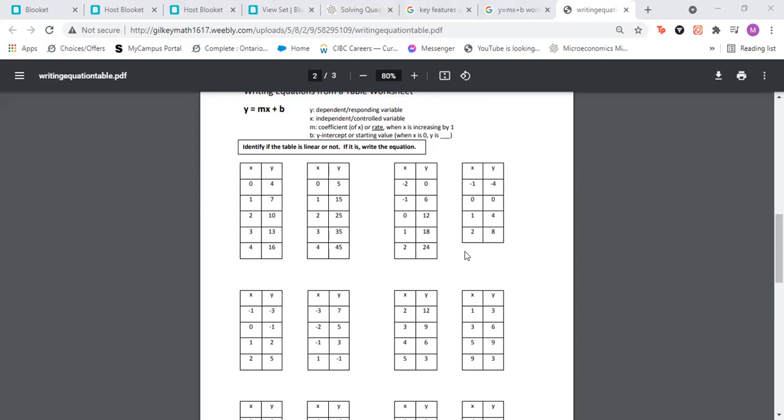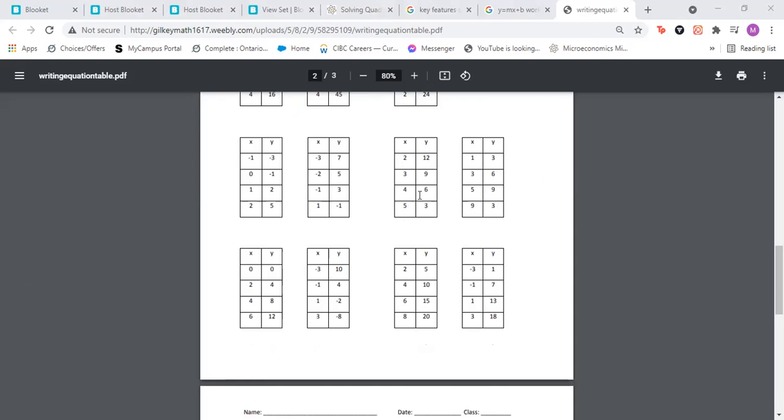So what about the next one? What would the equation be for this? Would it be linear? Non-linear. Yeah, you're right. Correct. That's great. Linear, non-linear, and then what about the next one?